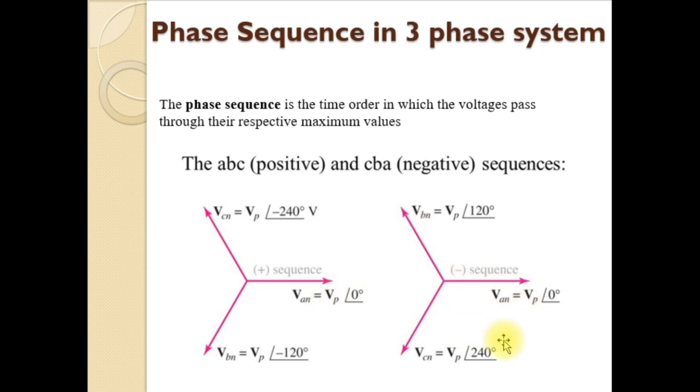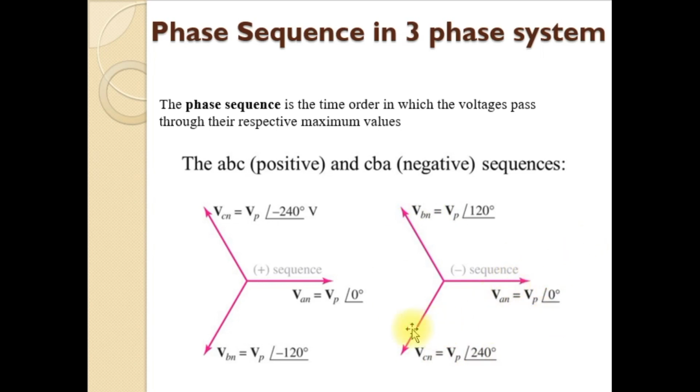If the direction of rotation of the generator or the magnetic field is reversed, after A, C will be attaining its maximum value, and then only B. That means in the phasor diagram concept, these phasors will be rotating in the anti-clockwise direction, and here you can see that once AN has attained its maximum value, then C will be attaining its maximum value, then only B will be attaining its maximum value. In that case, it is said to be negative sequence.